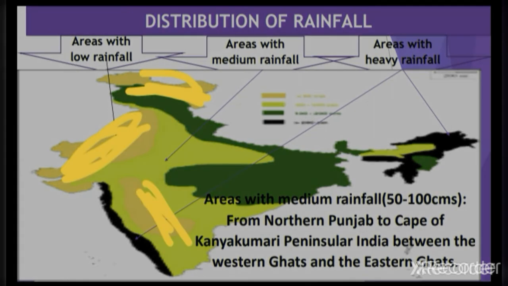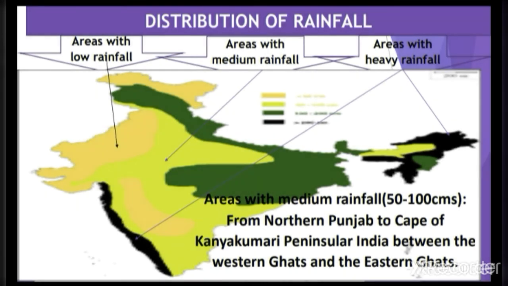The area with medium rainfall is light green color, which you are seeing in the map. The heavy rainfall area is black in color, this one here, and this is the Western Ghats, Assam, Meghalaya.